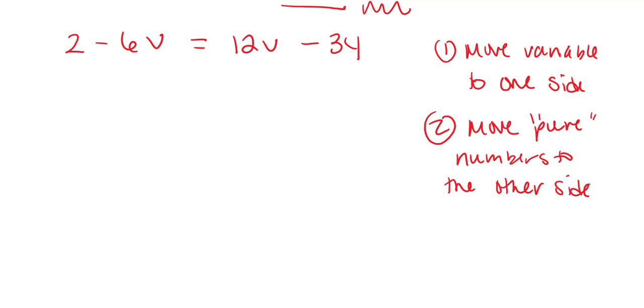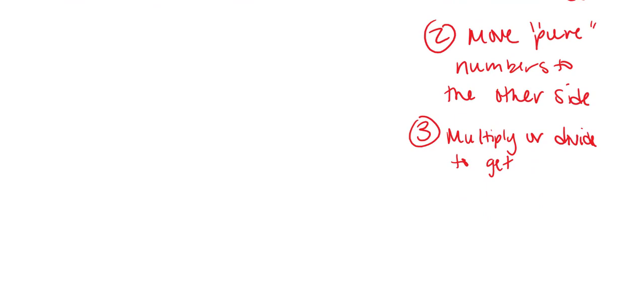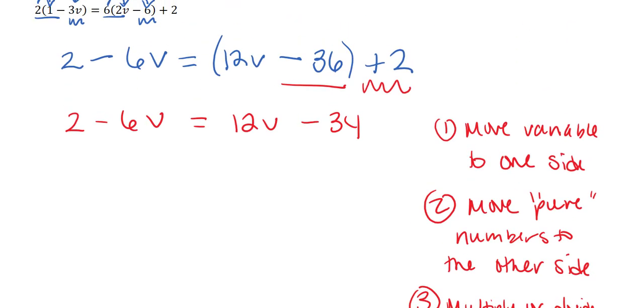In steps 1 and 2, it's going to be by adding or subtracting. Then the third step would be to multiply or divide to get the variable by itself. So let's look. We have 2 minus 6v is equal to 12v minus 34.